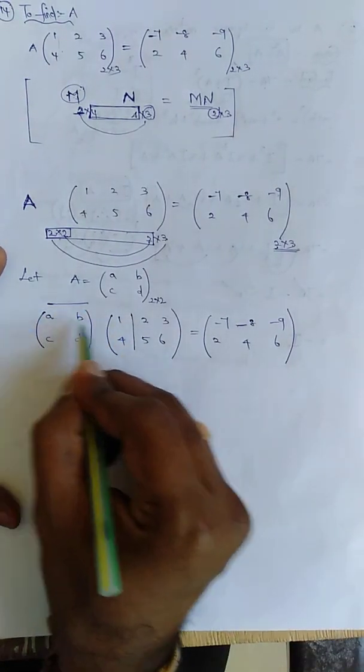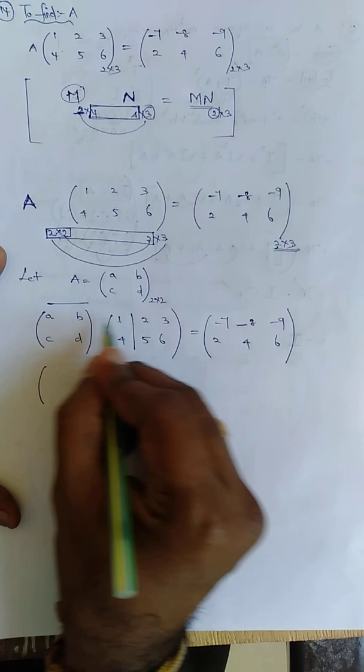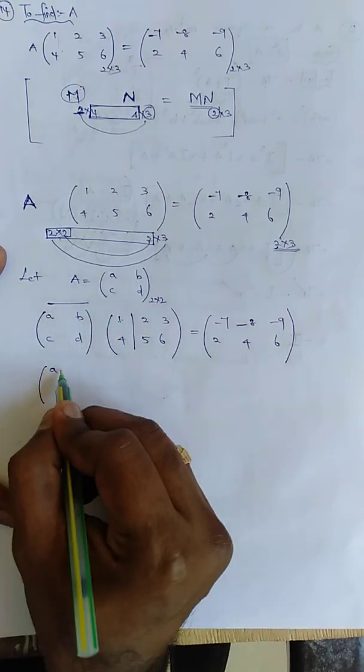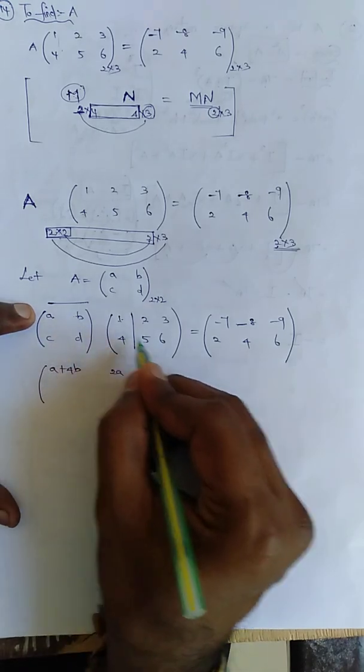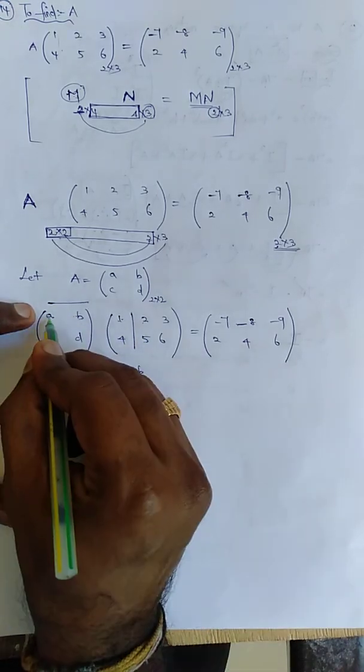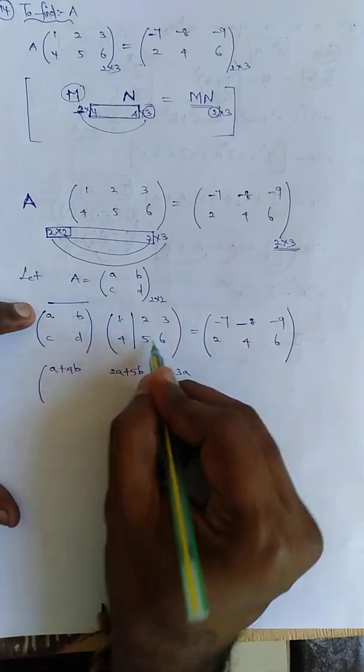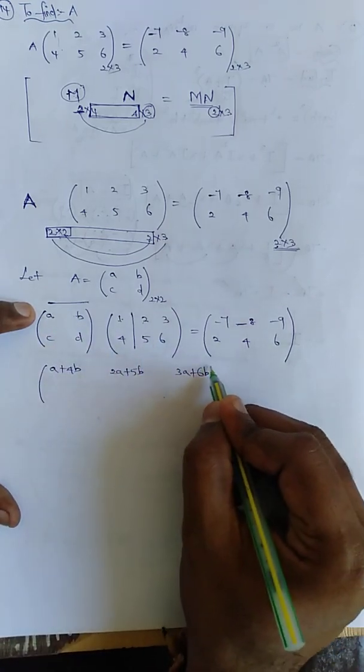a into 1 is a. b into 4 is 4b. a into 2, 2a. 5 into b, 5b. a into 3, 3a. b into 6, 6b.